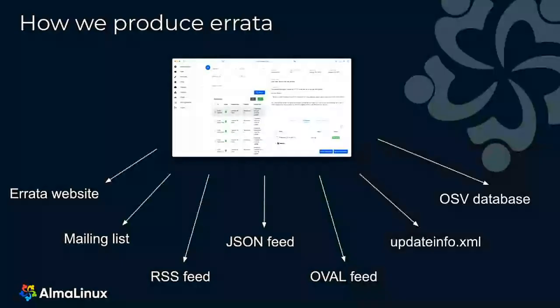There is also the OVAL feed, and we are not going to deprecate it, by the way, so it will stay available. Then updateinfo.xml, which is inserted right into the package and repo data and used by DNF. And the OSV database, which is a modern Google project, and we're there too.